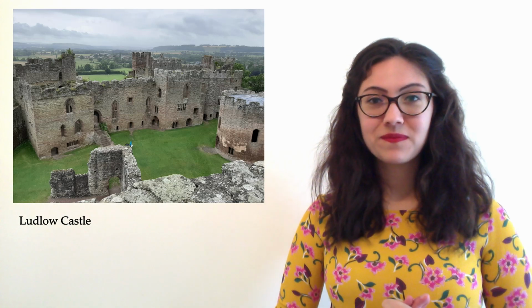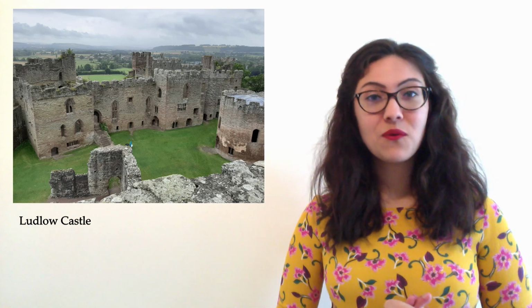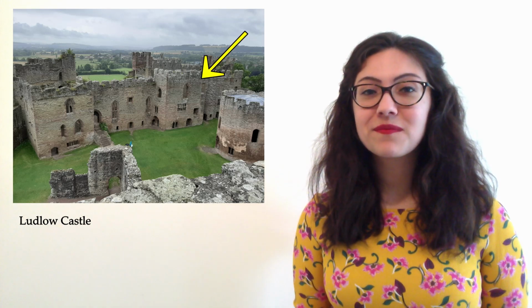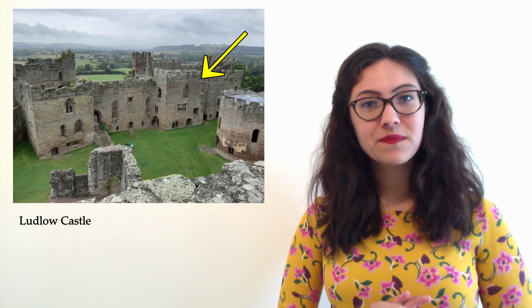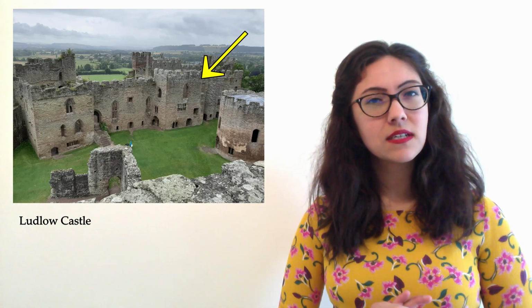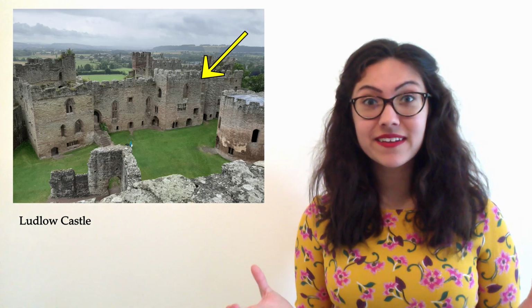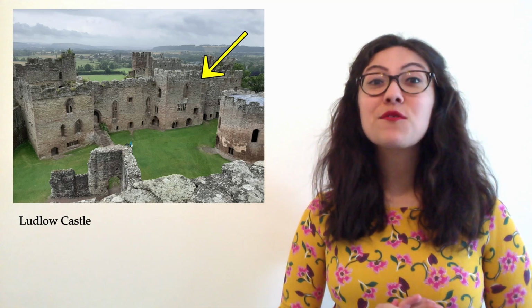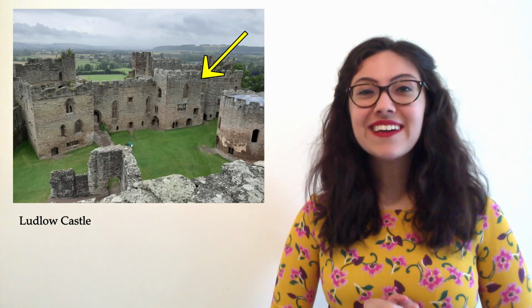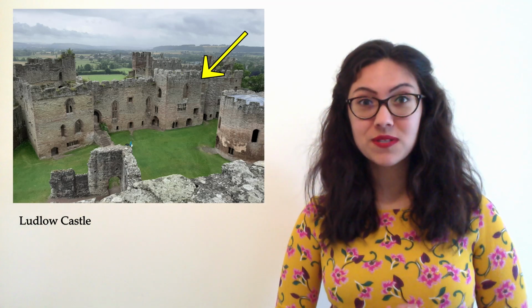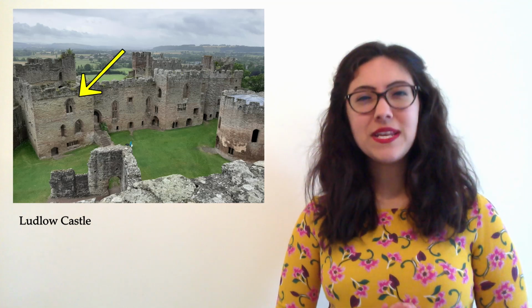Now, what can you spot in this picture? Well, first, we can see walls. How would you describe them? Small, thin, or strong and thick? Well, these walls are incredibly thick because they are designed to keep people out. How about the windows?